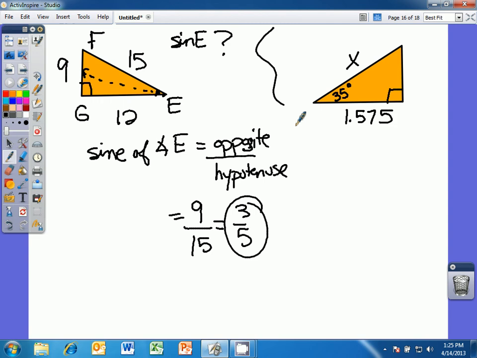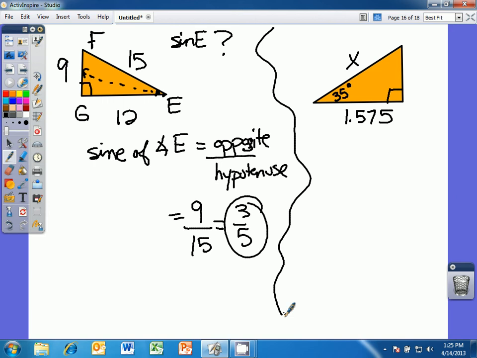You're going to have a scientific calculator handy. As you get familiar with these trig functions, you'll remember that sine is opposite over hypotenuse.